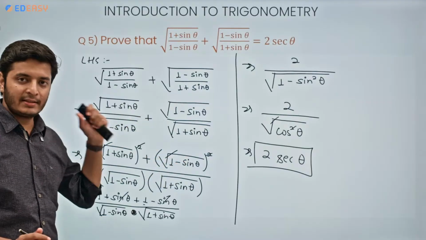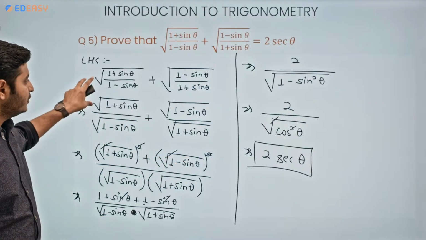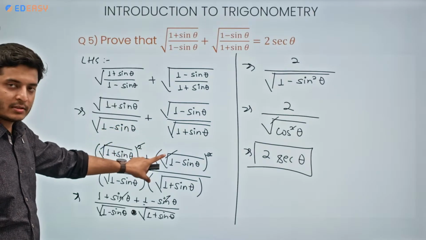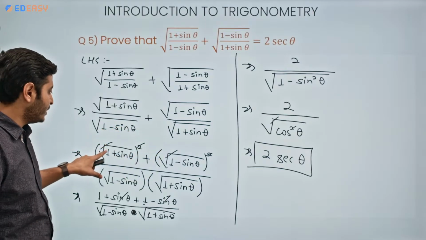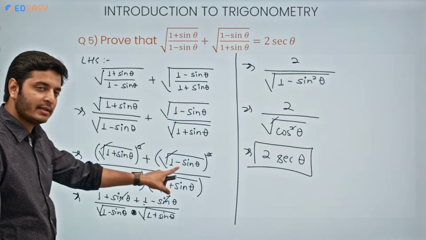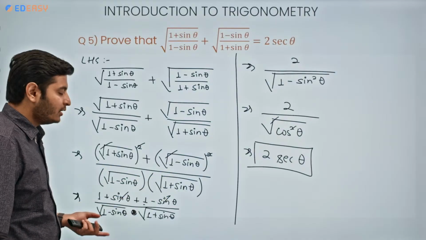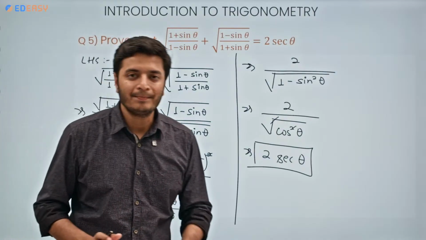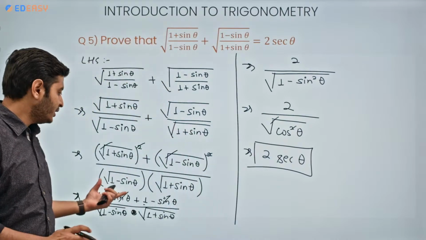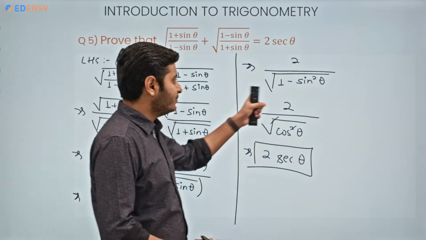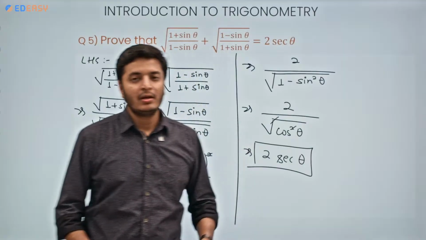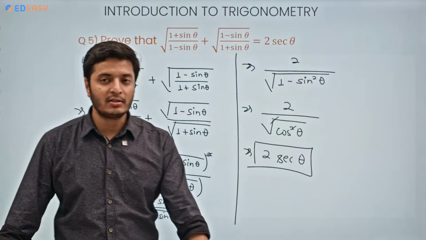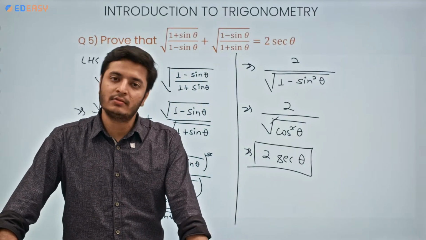So this is easier than the previous one, no? So what are we doing? We are just taking the LCM first. Then we are seeing that it will become a squared value, square and root are going to cancel each other. Here, after taking under root common, this will become the identity a plus b into a minus b, simply a square minus b square. But in this case, a square minus b square is 1 minus sine square theta.